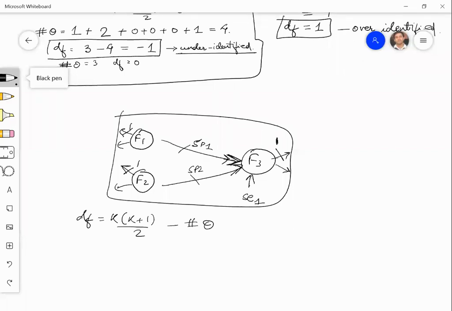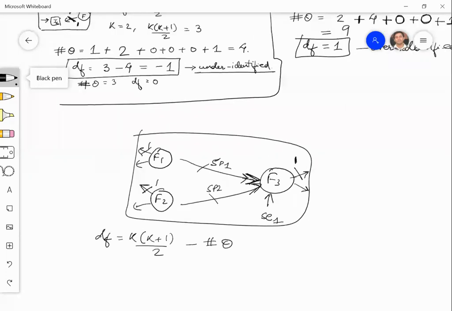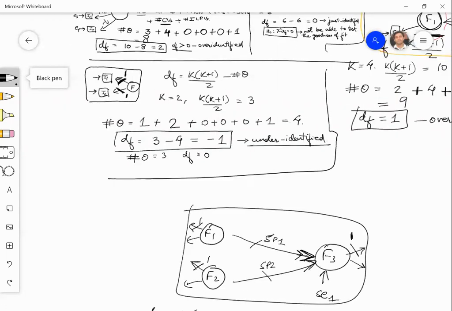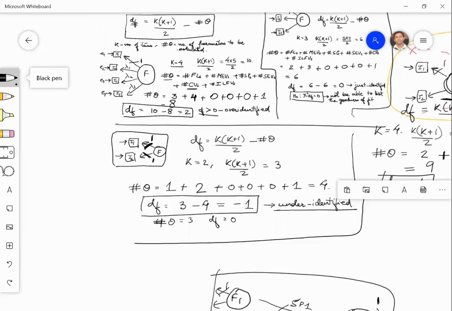Sir, another question is related to the model specification. We assume that the error should be related to one factor, and sometimes we see that the error of one factor is co-varying with the error of the other factor, or even with the item. That is okay. That means the two error terms co-vary.